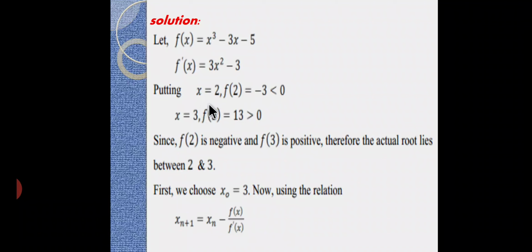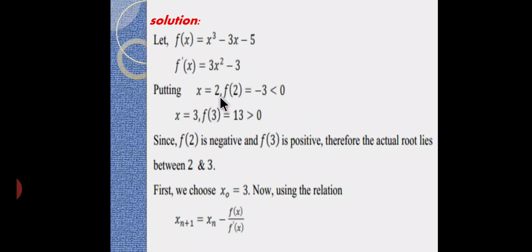At x is equal to 2, it gives f of 2 is equal to 2 cube minus 3 into 2 minus 5, that is equal to minus 3. And at x is equal to 3, the f of 3 value is equal to 3 cube minus 3 into 3 minus 5, that value is equal to 13, greater than 0.